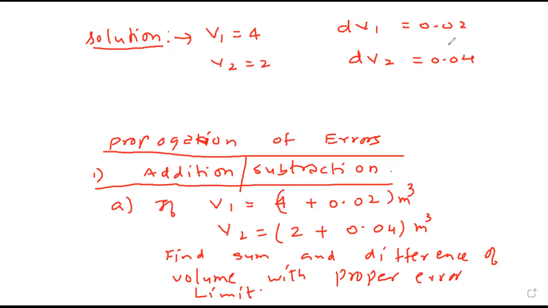So V1 is 4, V2 is 2, error in V1 is 0.02, error in V2 is 0.04. Therefore, V1 plus V2 is 4 plus 2, that is 6, and V1 minus V2 is 4 minus 2 equal to 2. That means for addition, I did addition. For subtraction, I did subtraction for the actual values.